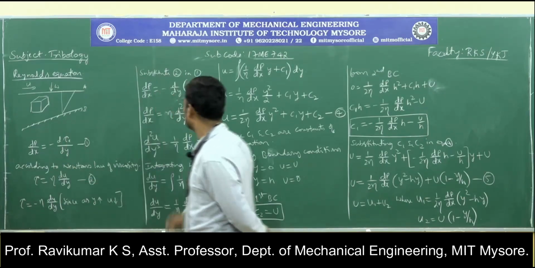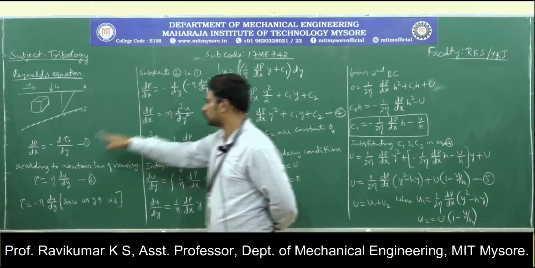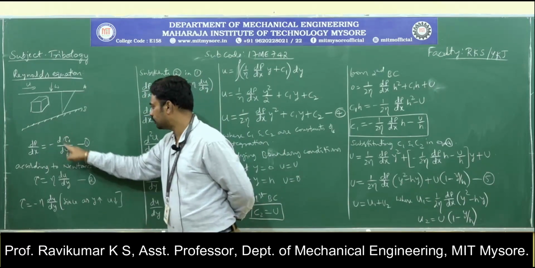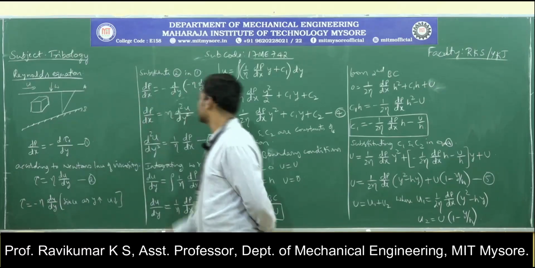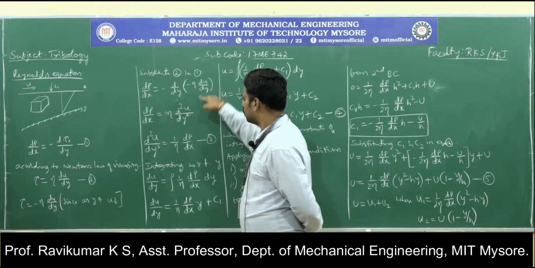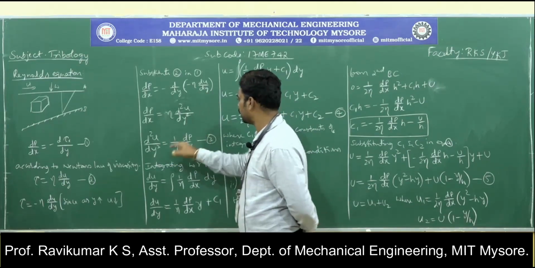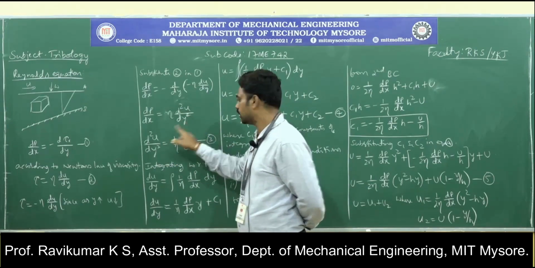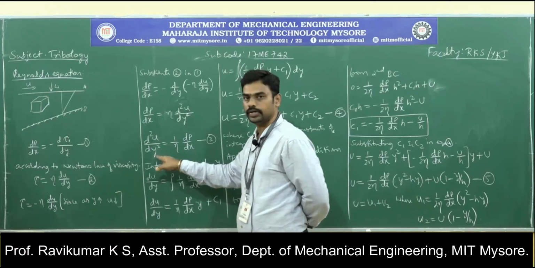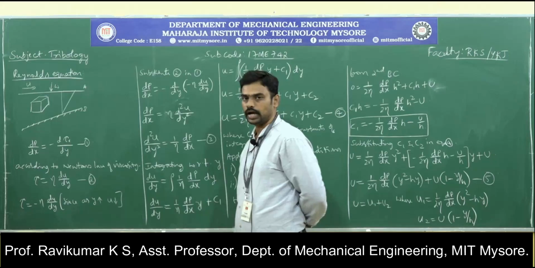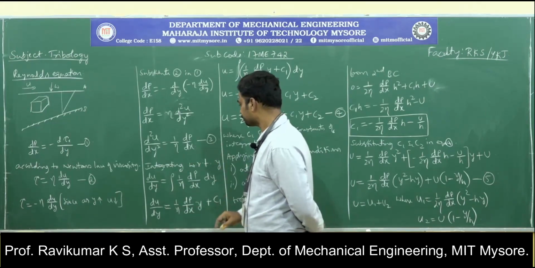Substituting tau here, you will get dp by dx is equal to d by dy of tau. Upon simplifying and rearranging, taking d square u by dy square to the left hand side: d square u by dy square is equal to 1 divided by eta into dp by dx. I will call this equation 3.